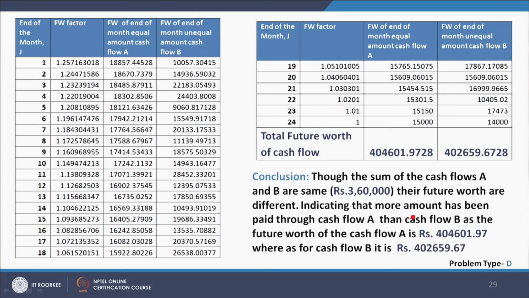Though the sum of the cash flows A and B are the same, that is 3,60,000, their future worths are different, indicating that more money has been paid through cash flow A than cash flow B, as the future worth of cash flow A is 4,04,601.96, whereas that of cash flow B is 4,02,659.67.